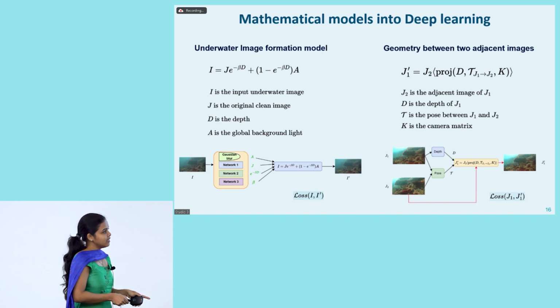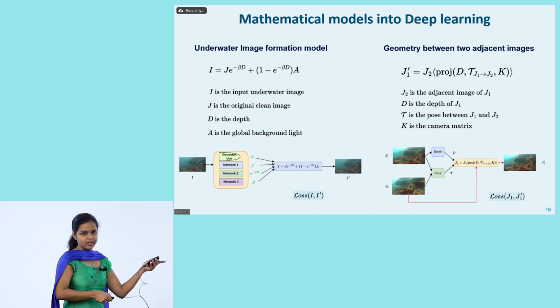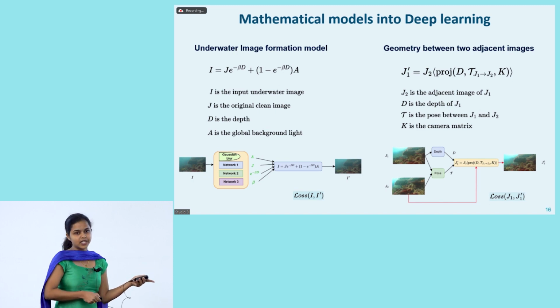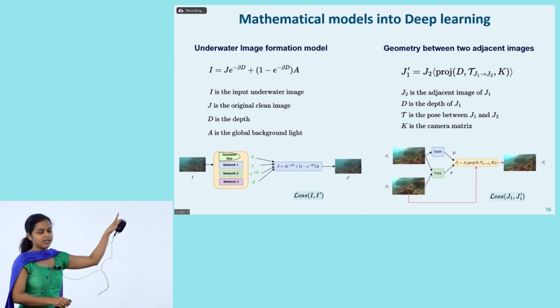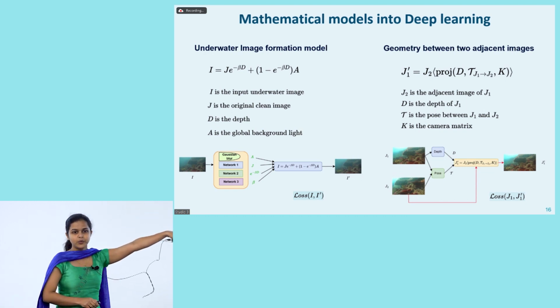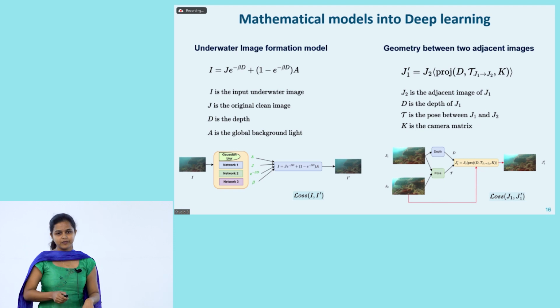Then I can say that the warped image and J1 should be equal. Only if there is a correct depth can I warp J2 into the view of J1. This is the second constraint I am using. So here I am using the underwater image formation model, and here I am using the geometry between 2 adjacent images. For my training I am using 2 adjacent images from an underwater video.